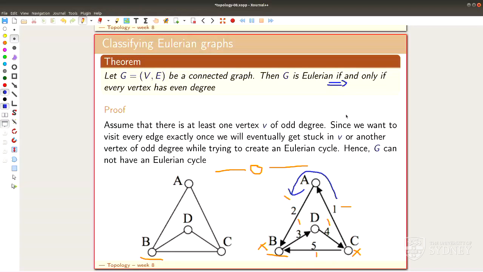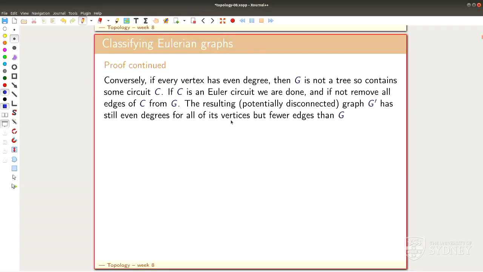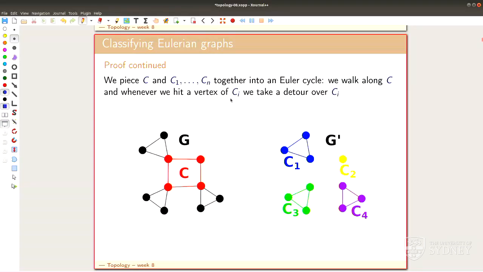The converse is a bit trickier, but we still can do it. So essentially what you need to do, let me get rid of the text, let me go to an example, and then go back to the text. Essentially what we want to do is construct one of those inductively by looking at smaller graphs.